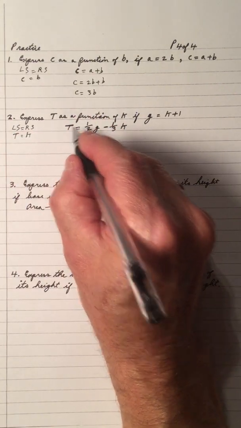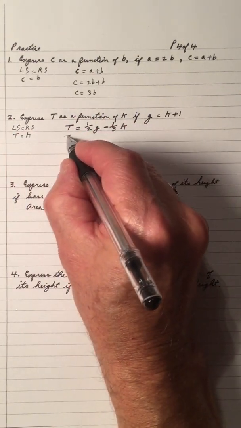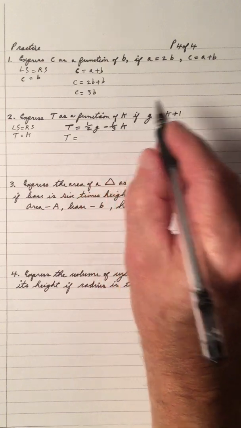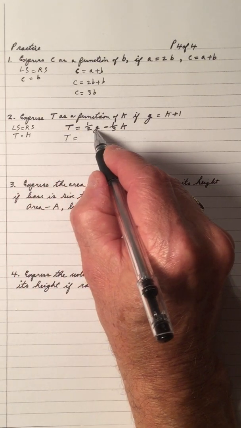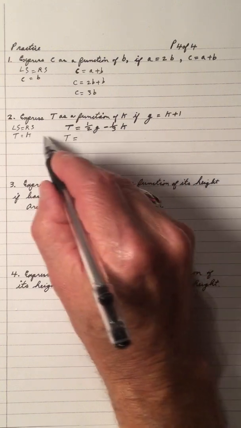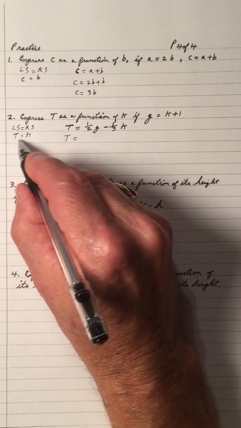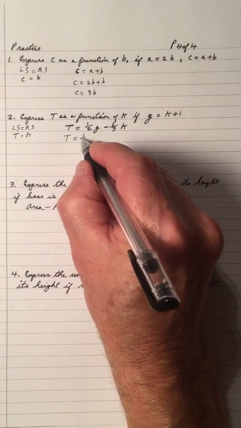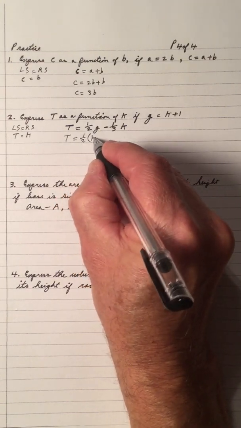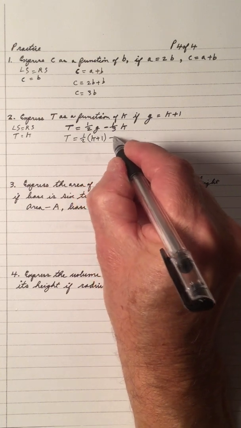T is on the left, that's perfect. But I have to get rid of the G. This equation won't have a G. So if G is equal to K plus 1, I will replace G with K plus 1.